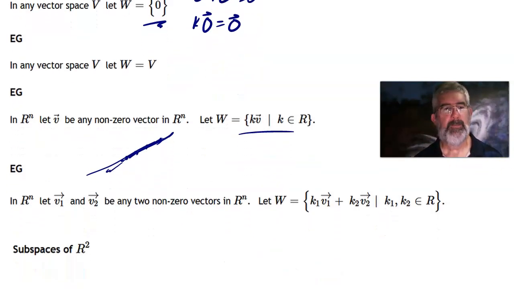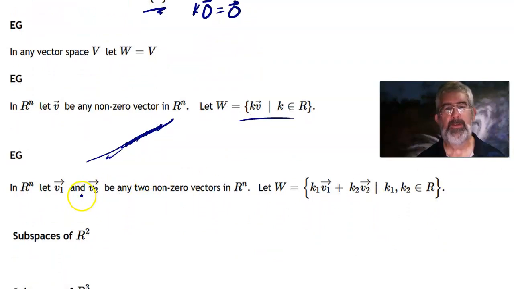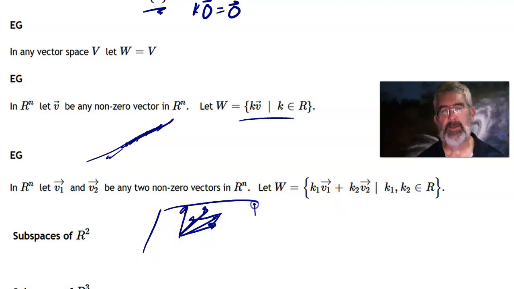Likewise, if I had two vectors in Rn and I take all the linear combinations of them, that is k1v1 plus k2v2, where k1 and k2 are real numbers, then for instance if k1 and k2 are 1, you'd get this vector here, but with any combination you're generating a plane that goes through the origin.